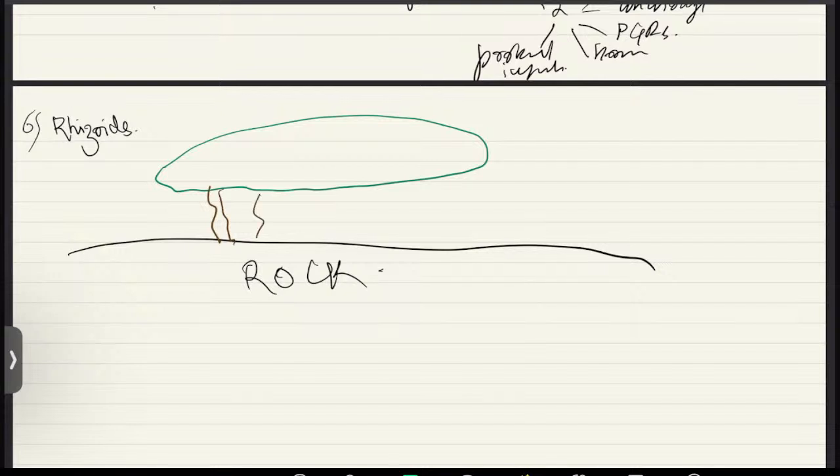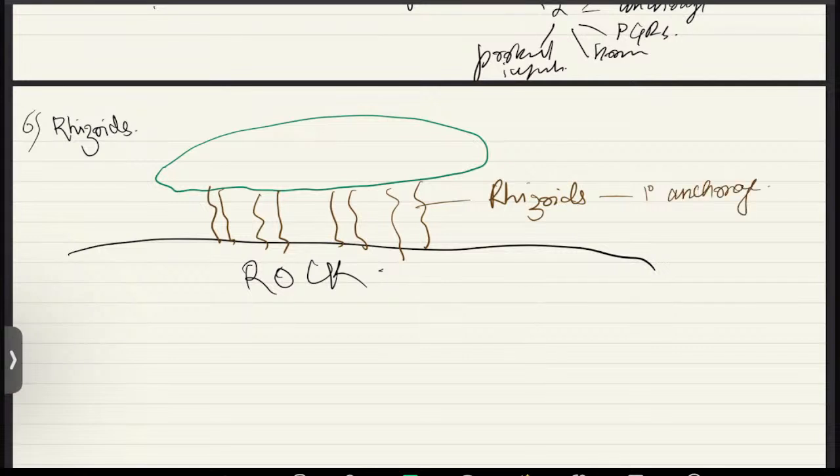That is where these fine hair-like structures arise from the body. These are rhizoids. They have few absorptive and secretory properties. Mostly it's for anchorage, right? The main function is anchorage.